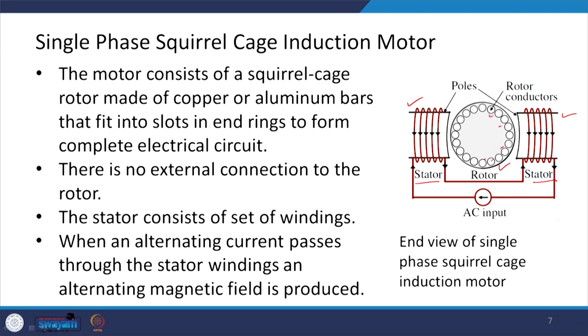The squirrel cage induction motor consists of a squirrel cage rotor made of copper or aluminum bars that fit into the slots, as you can see, in end rings to form a complete electrical circuit, and there is no external connection to the rotor here.